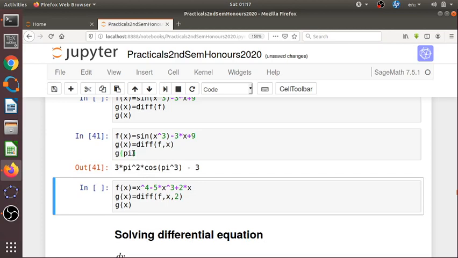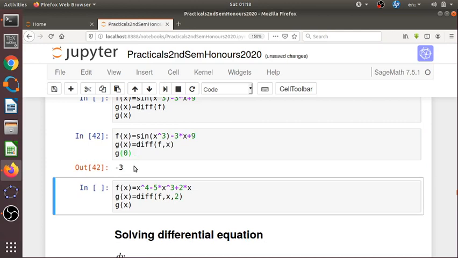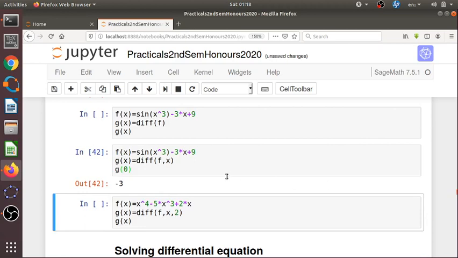This is 3 into pi square into cos of pi to the power 3, minus 3. Let me also write g of 0, and it will compute the value. If it's not able to compute, it will keep the values as they are, like 3 pi. This way we can evaluate the derivative at any point.